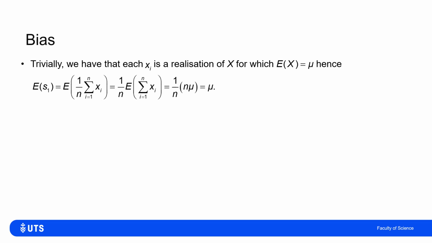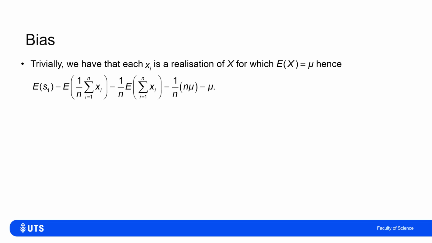Now, I hope it's easy to see that the method of moments applied to the first moment gives an unbiased estimator for mu, because every time I take a random sample, I'll get a random value, but the expected value of the first sample moment is the expected value of x bar, which is the expected value of 1 over n times the sum of my xi's, which I can pull the 1 over n term out the front, so I get 1 over n times the expectation of the sum of my xi's.